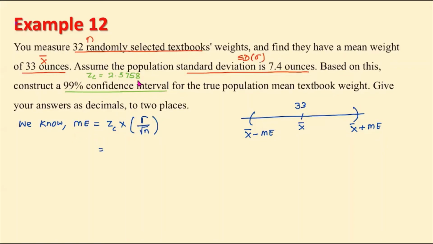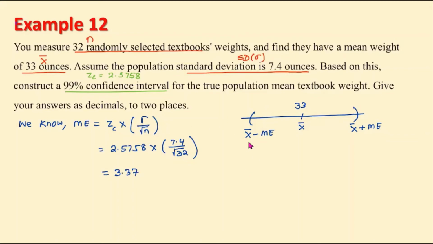But here we are using that value and plugging it in: 2.5758 multiplied by the population standard deviation 7.4 divided by the square root of the sample size, which is the square root of 32. If we simplify this using a calculator, it will be 3.37. So margin of error is 3.37.